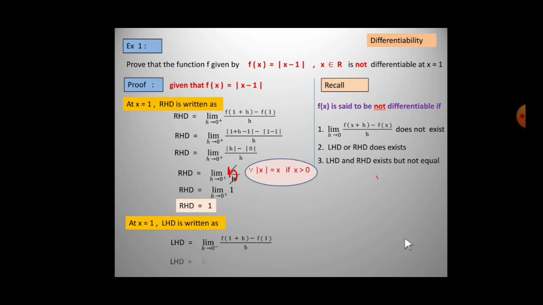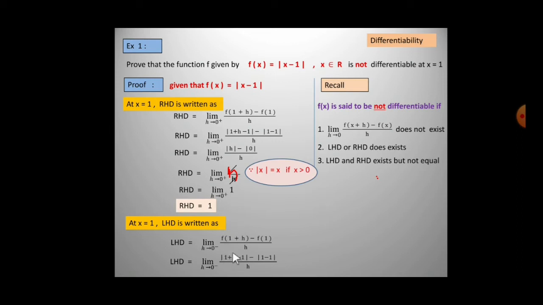So next is substitution. f of 1 plus h, same, it is modulus of 1 plus h minus 1, substituting x is equal to 1 plus h in the same function. And f of 1 means put x equal to 1, divided by h as it is.